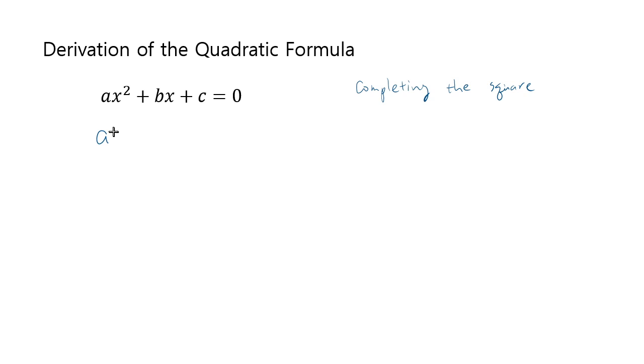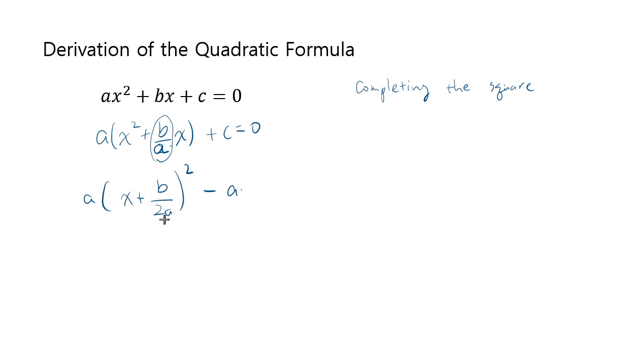So you factor the a out from the first two terms. That's how you complete the square, step 1. And then you take what's in front of x and take the half of it, so it's b over 2a. That goes into the square, and then you subtract a times this thing squared.